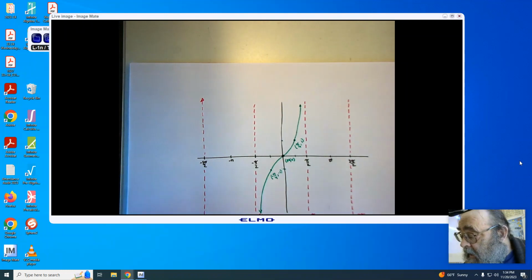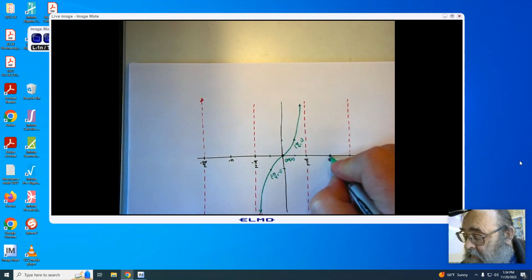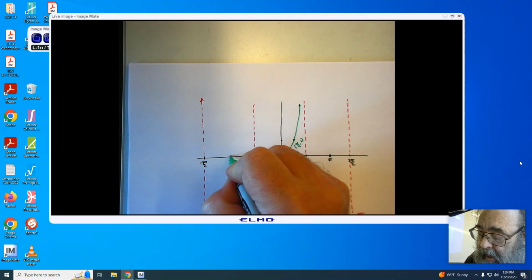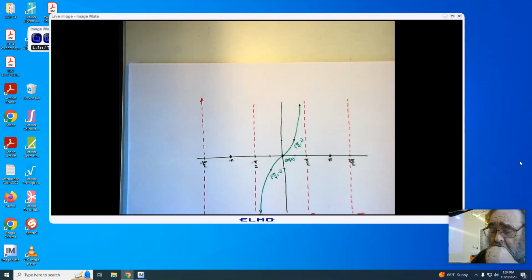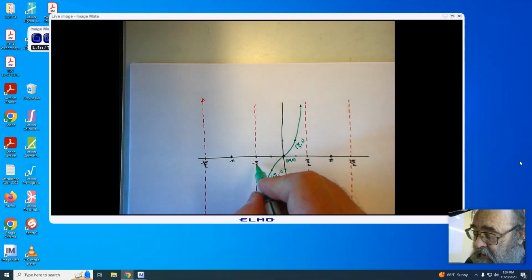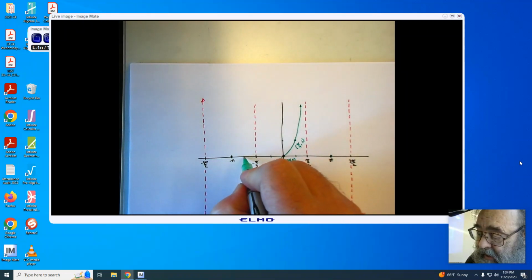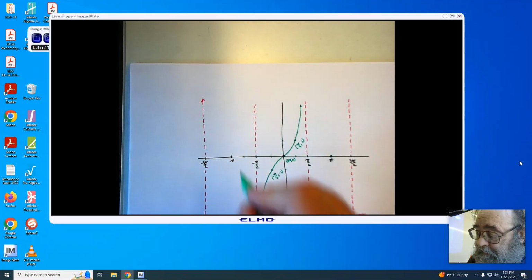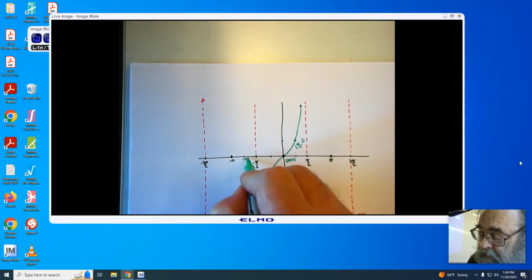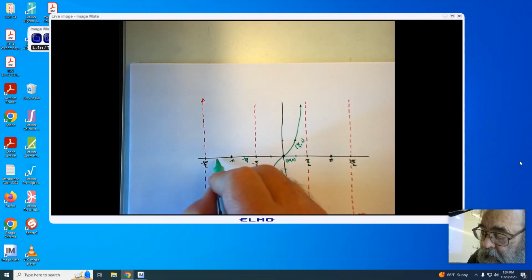We're now going to plot our 0 at 2 pi, our 0 at negative pi. We know that if this is pi over 2, then this has to be negative 3 pi over 4. And right here we go up by 2 more, and this is negative 5 pi over 4.